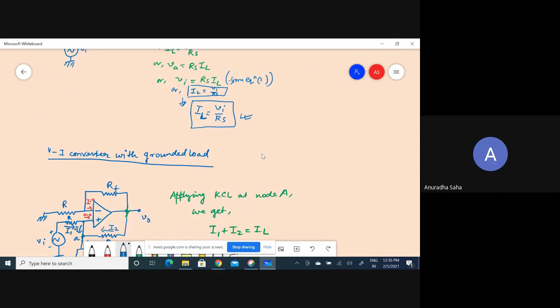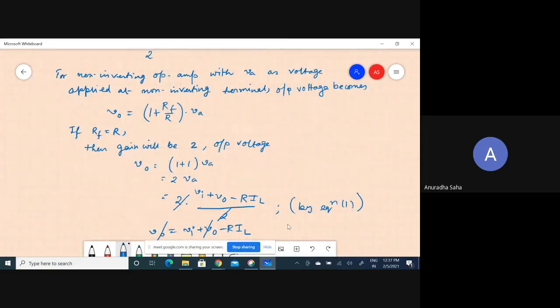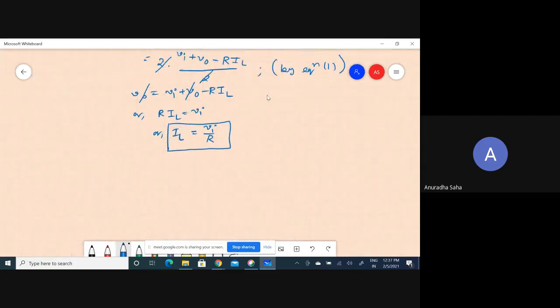For both the cases, from both the expressions, you can see that this IL is proportional to 1 by R, 1 by resistance, right? Here also you can see that IL is proportional to 1 by R. So that is why this circuit is known as transconductance.